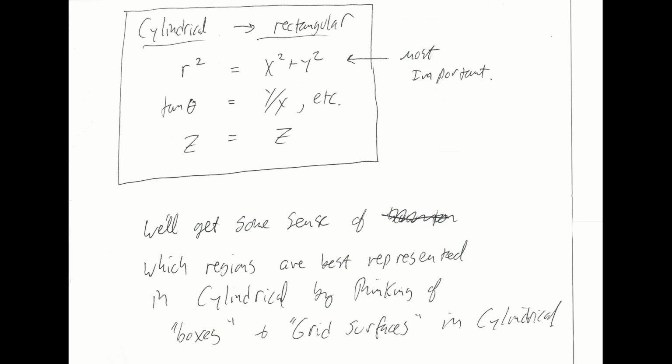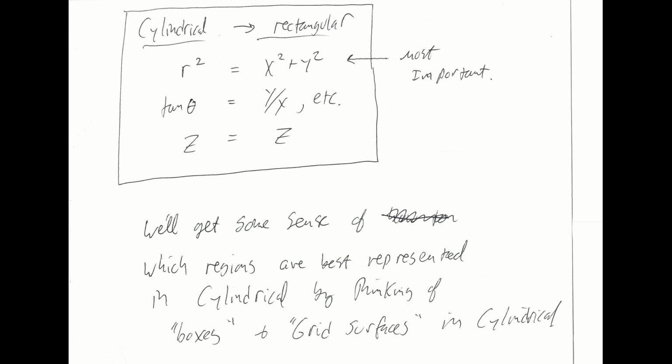So the next question to arise naturally is, what types of regions are best represented in cylindrical? We need some kind of intuitive understanding of what types of regions are naturally represented in cylindrical, because those will be the types of regions which, if we want to integrate over them, we will want to do so in cylindrical coordinates.